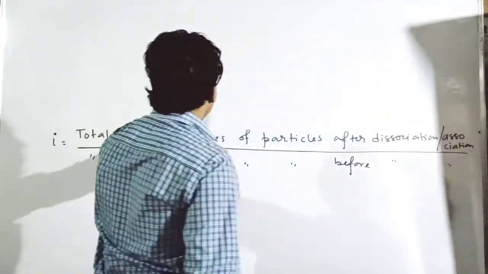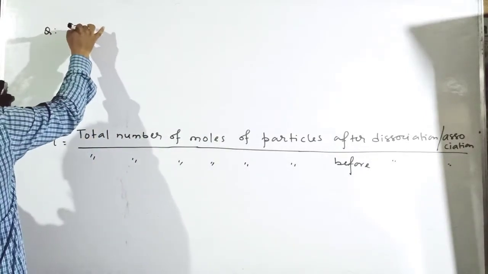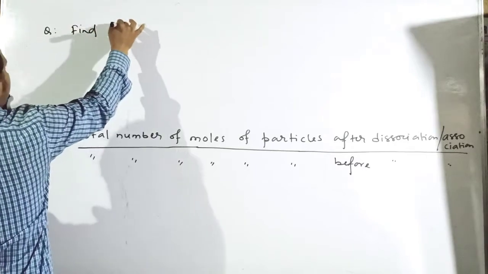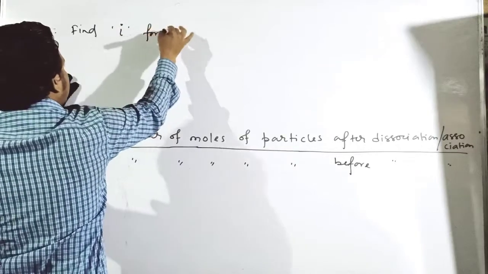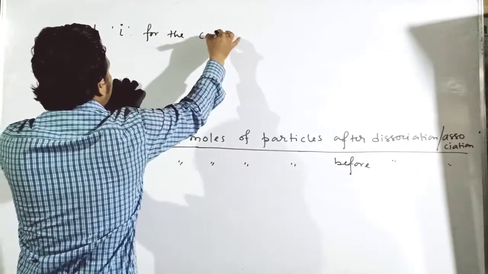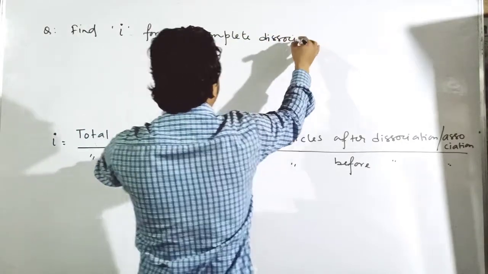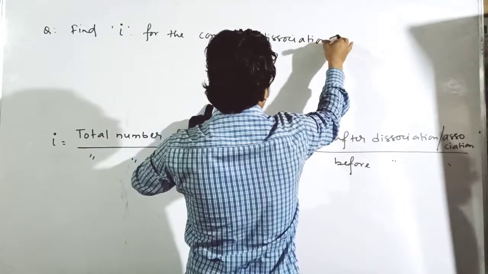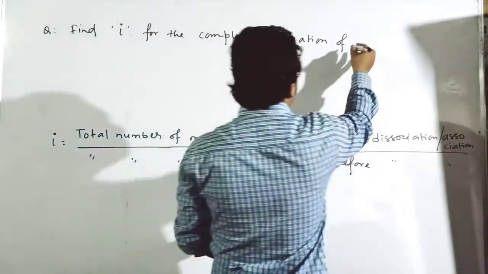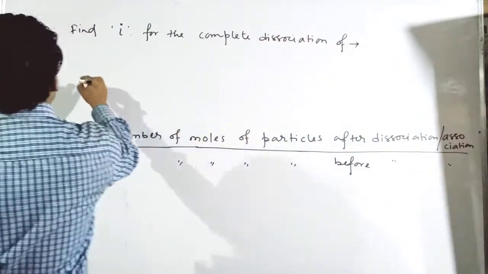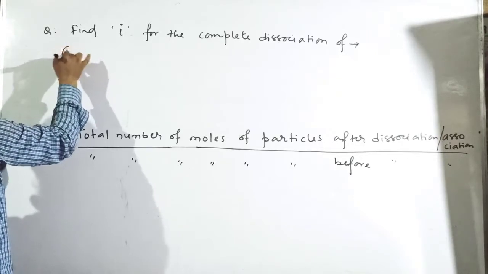Now, suppose the question is to find the value of i for complete dissociation of the first given compound, KCl.